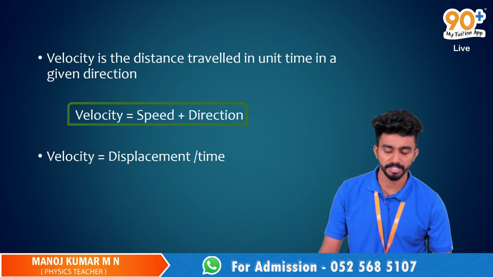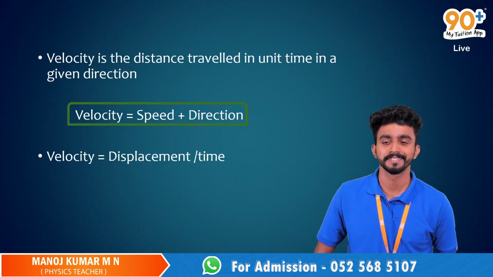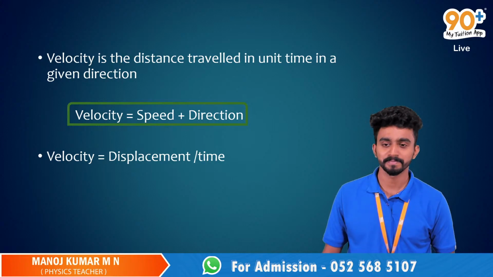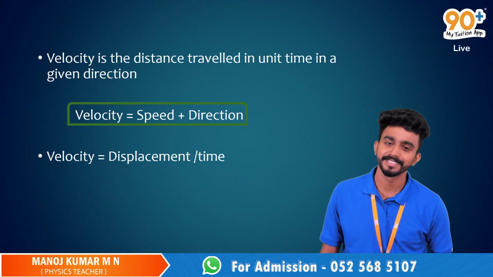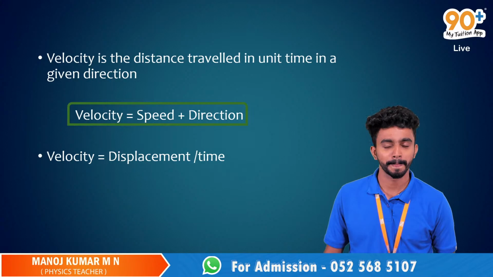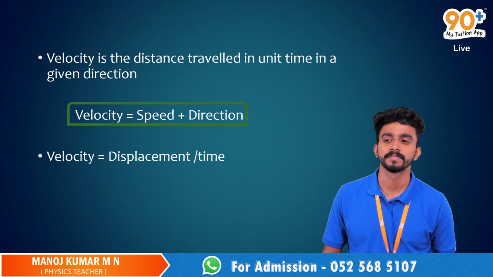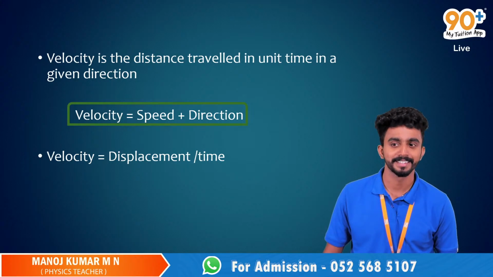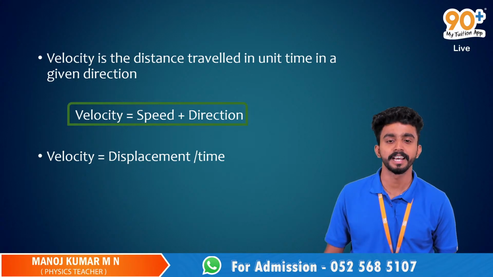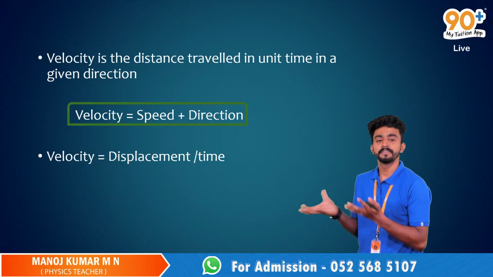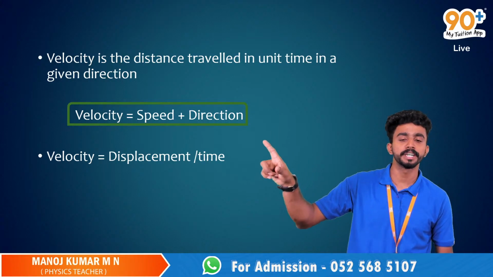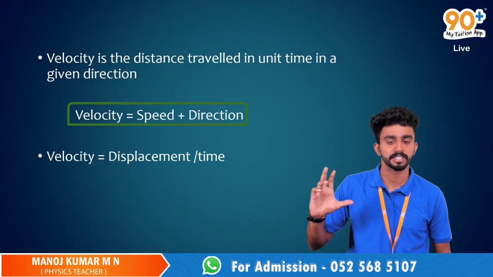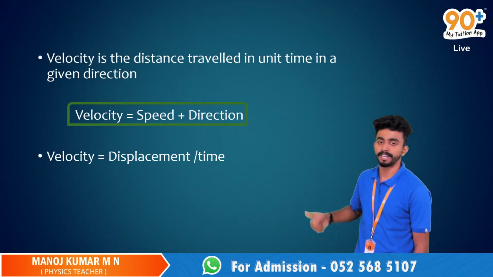Velocity shows how much is traveled in a particular direction, while speed is just the amount of distance covered with respect to time. But velocity will be showing the speed along with direction. Got it? Yes, very good, Mehrab.